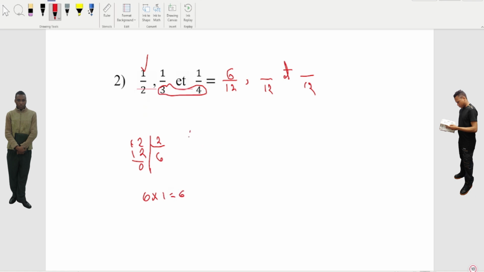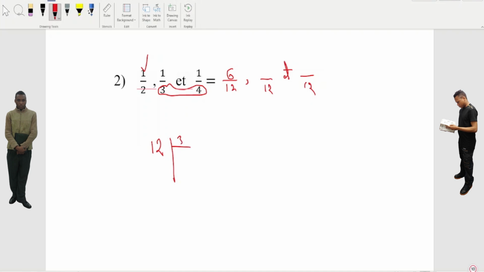Okay. Now I'm gonna go to the next one. The 3. 3 right there. Okay. In case you guys don't see it, I'm just gonna make sure you understand. So now we're gonna work on this. 12 divided by 3.